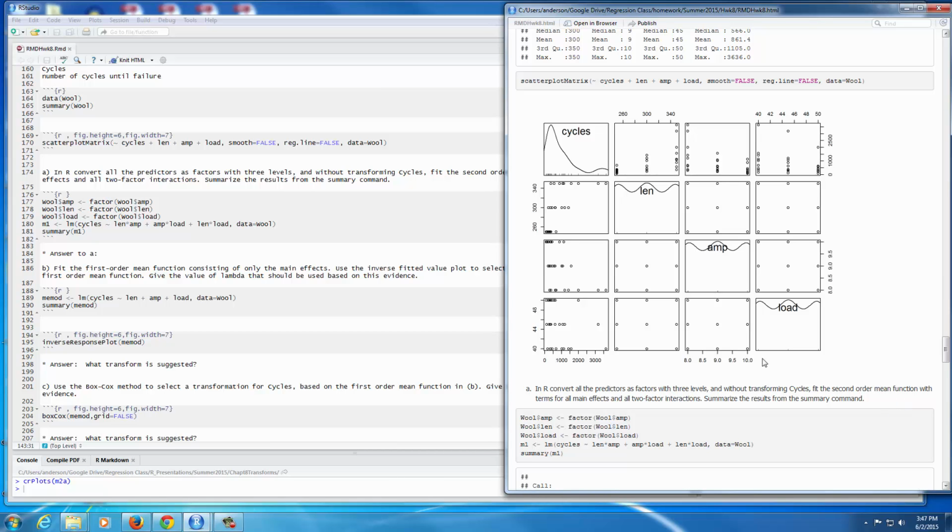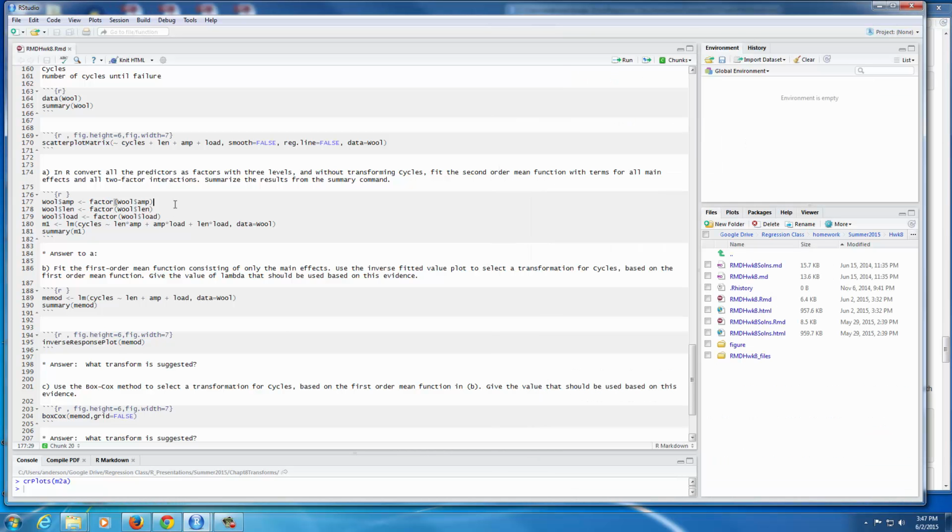In part A, we make the length, amplitude, and load variables into factor variables, category variables. I think initially they come in numerically, and we don't really want to treat the numeric values as quantitative variables. We would like to just treat them as settings, and so we make factor variables out of them.